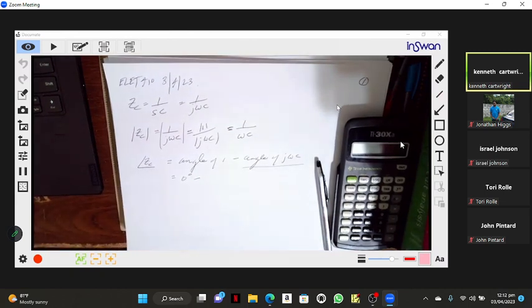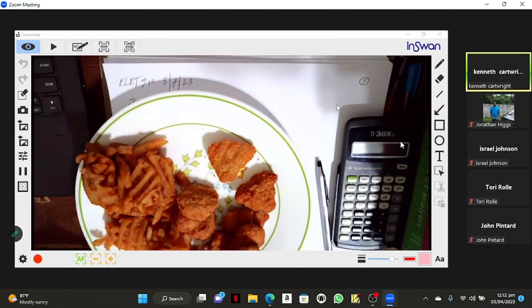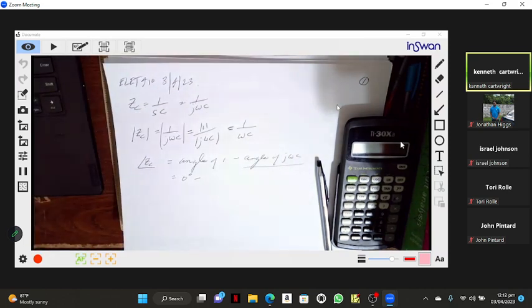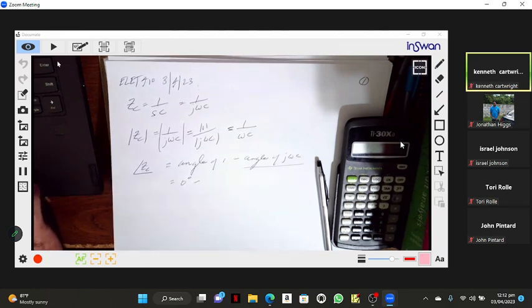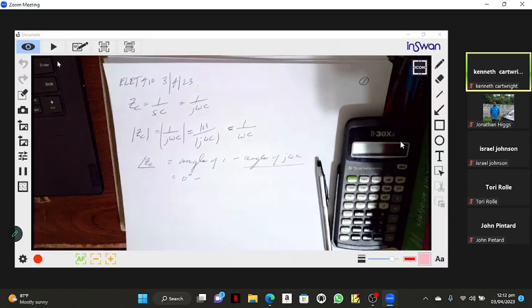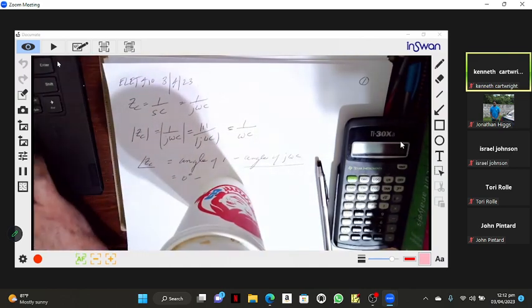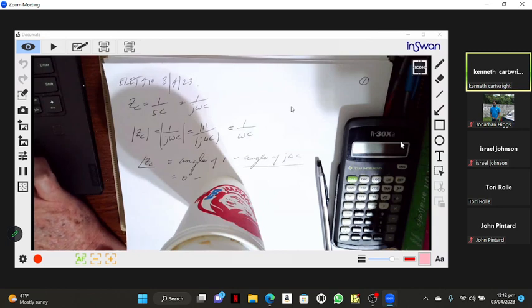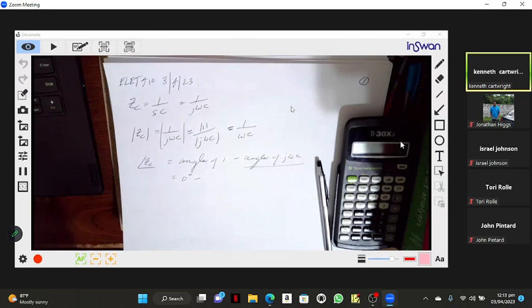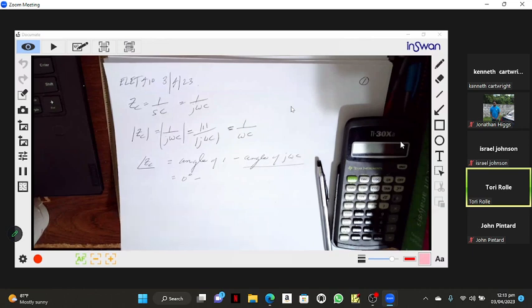What's the phase of j5? Would the phase of j5 be 0 degrees?